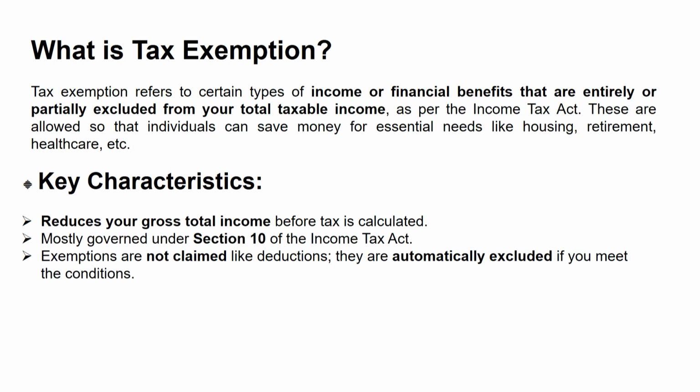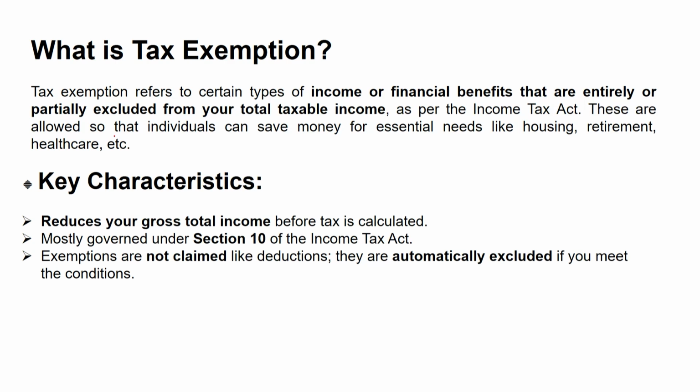So as per the income tax law, exemptions are different kinds of income that may be partially or fully exempted at the time of calculating the total taxable income. These are allowed to the individual so that they can save money for their essential needs such as housing, retirement planning, healthcare facilities, etc.